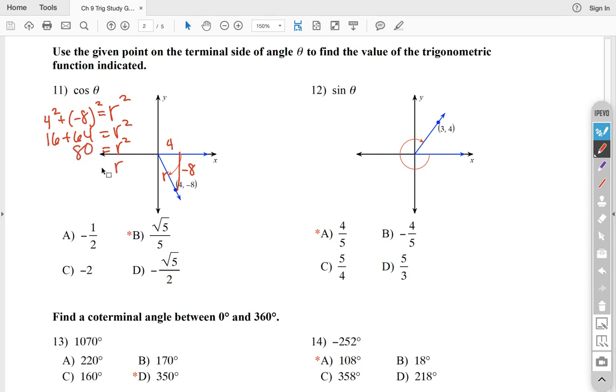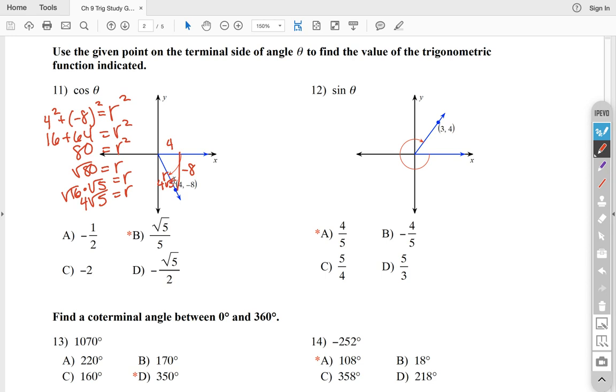We're going to square root both sides. We get the square root of 80. If you would like to simplify that, 80 is the same thing as 16 times 5. 10 and 8 don't work because you want numbers that have square roots. So 5 does not have a square root, but 16 does. The square root of 16 is 4. So 4 root 5 is what r is. Or you can put square root of 80, but that's not simplified.